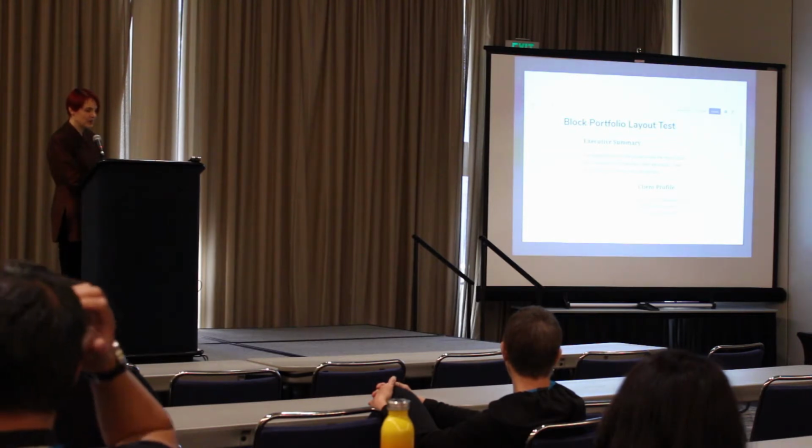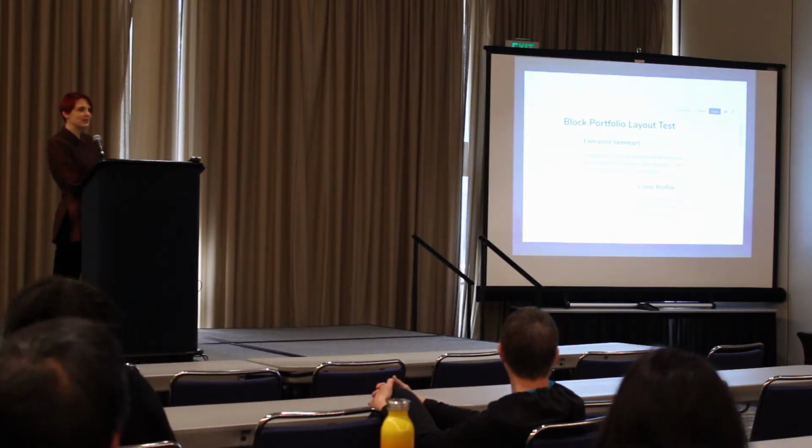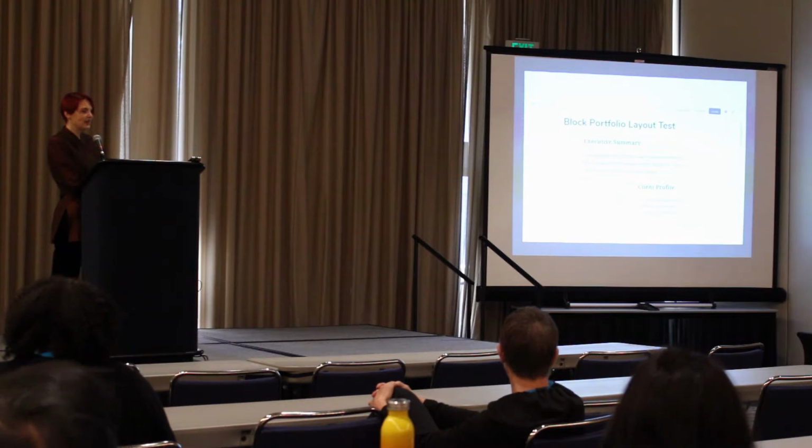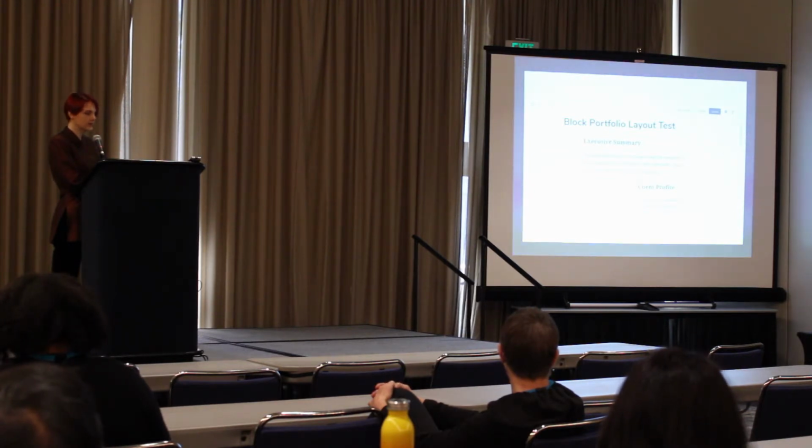So here is my block portfolio layout test that I just entered into a page here and said, all right, well, let's see, what do we need here? So I'm going to break down all of those bits that we saw in the HubSpot template by how I created them in the Gutenberg editor.